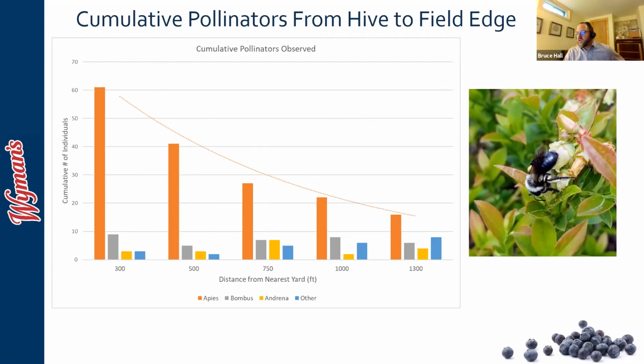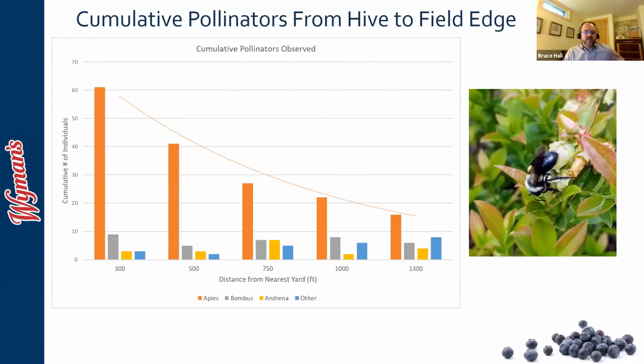We see a decline in honeybees across the transect, but overall, the amount of native pollinators present remains relatively flat and consistent. This is a distance of 1,300 feet.